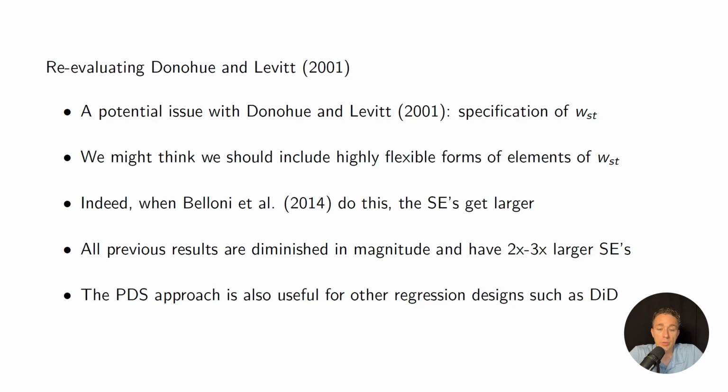So if you want to implement this approach, this works just as well in a difference in differences model with two-way fixed effects. I've done that in one of my publications several years ago. And basically, you can use this same Stata module that has both the double debiased machine learning functionality, and it also has the PDS Lasso functionality and some other Lasso functionality with instrumental variables.